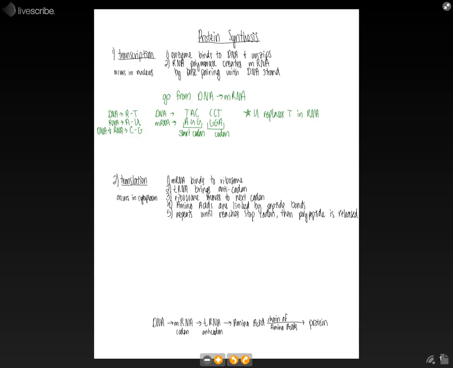And so again, if we go through an example like we did before, we have our mRNA strand, which is just AUG, and then we have GGA.